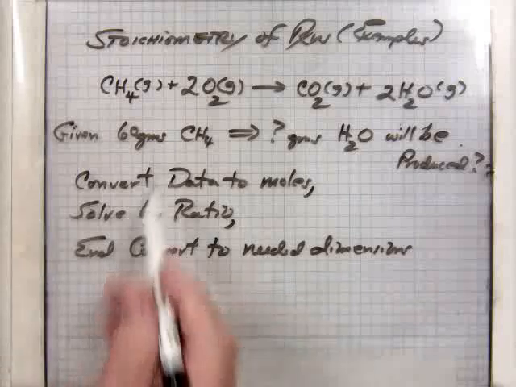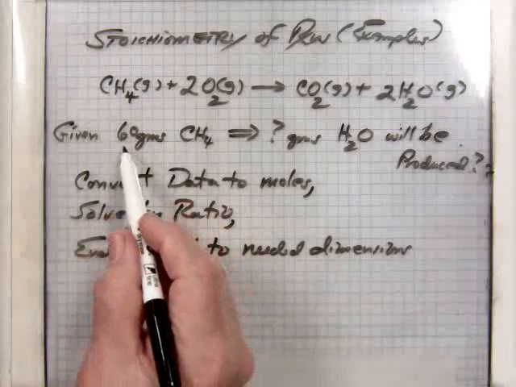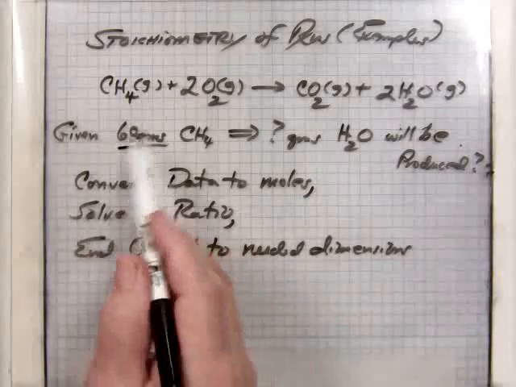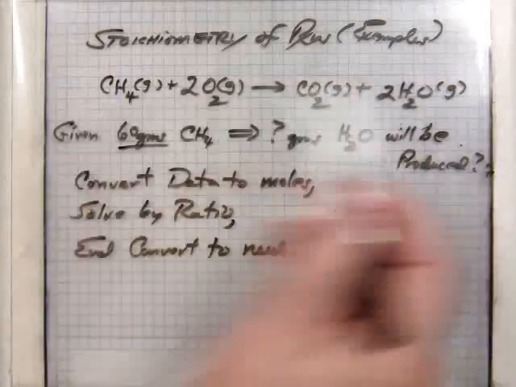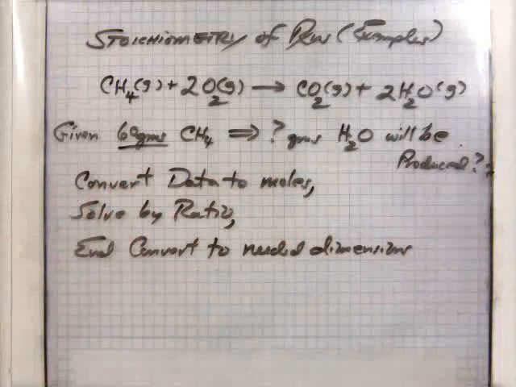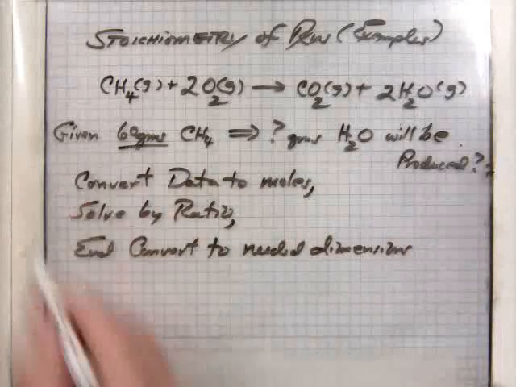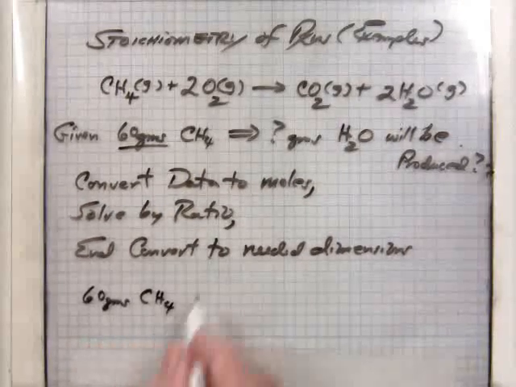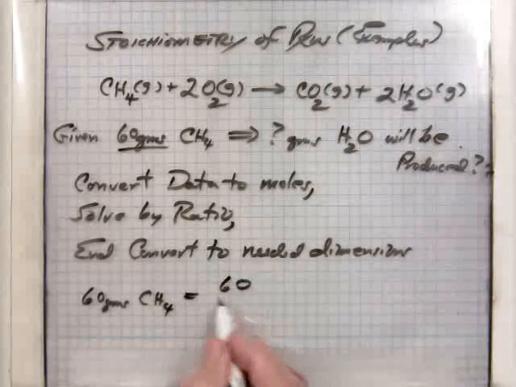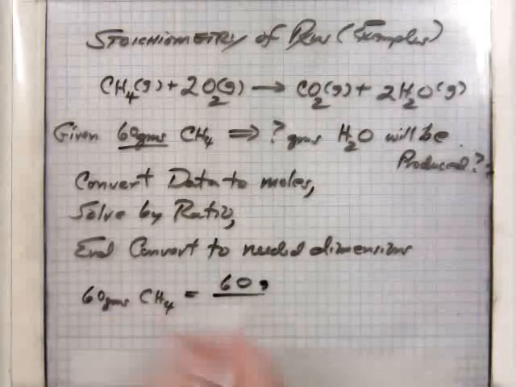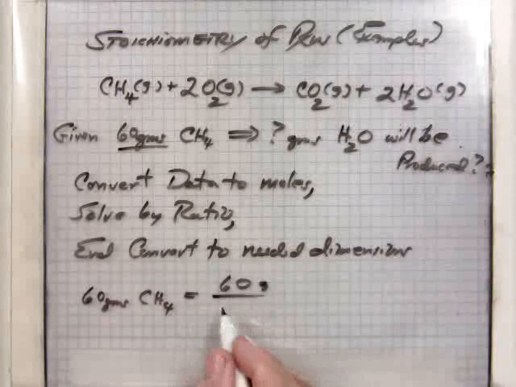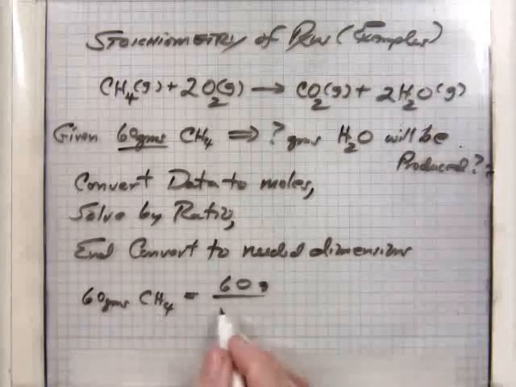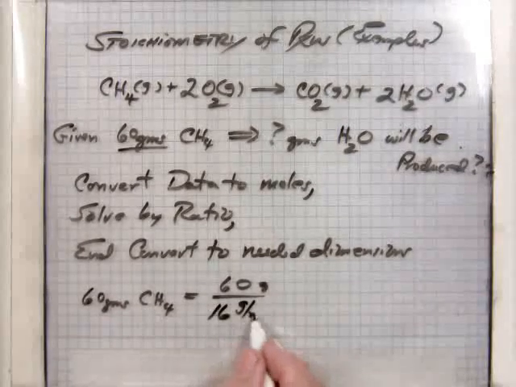So what we want to do is take 60 grams, convert it to moles, and see how the relationship is between moles of methane and the production of moles of water. So 60 grams of methane is 60 grams divided by 16 grams per mole.